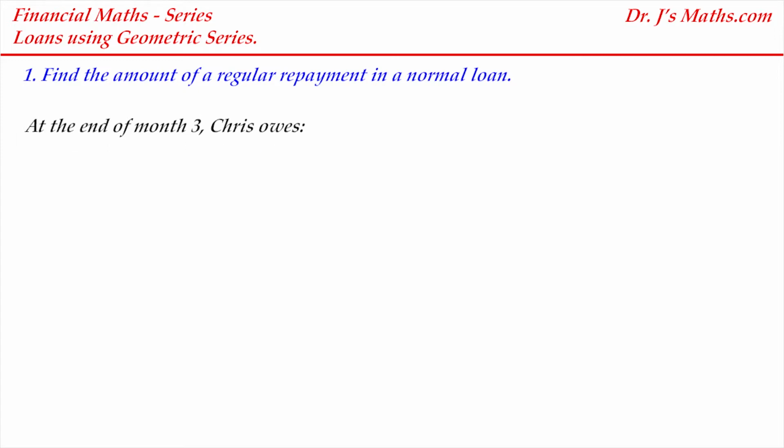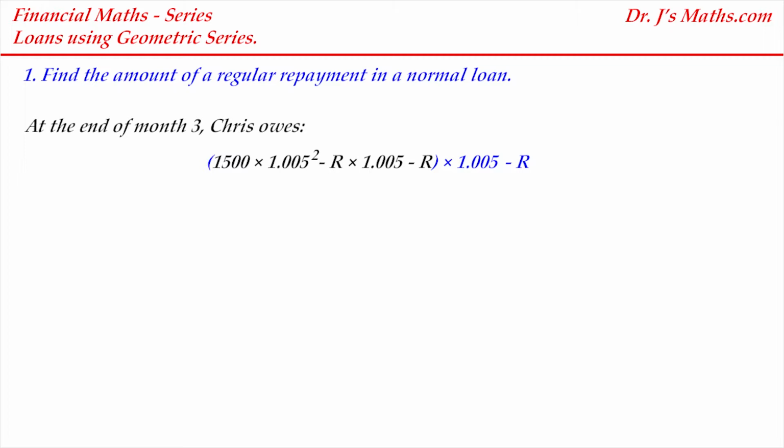At the end of month 3, Chris owes everything he owed at the end of month 2, which is 1,500 times 1.005 squared minus R times 1.005 minus R. That's what we got in the previous bit. And then we multiply all of that by another interest payment, so times 1.005, and then take off his third repayment.